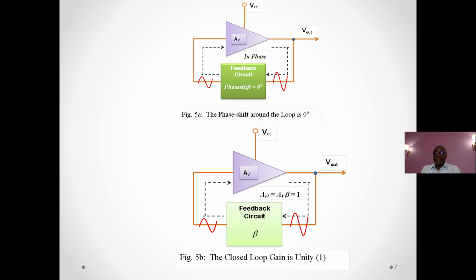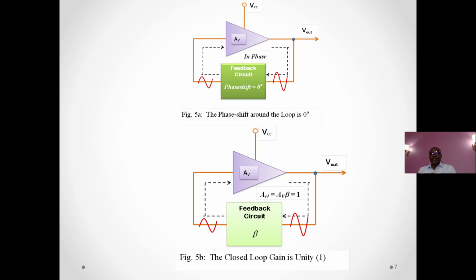That is why the amplitude of the signal coming into the feedback circuit and the one coming out are not the same. The one coming out, that is the red waveform, is far smaller in terms of amplitude, showing that there is attenuation that has taken place on that signal coming into the feedback loop.